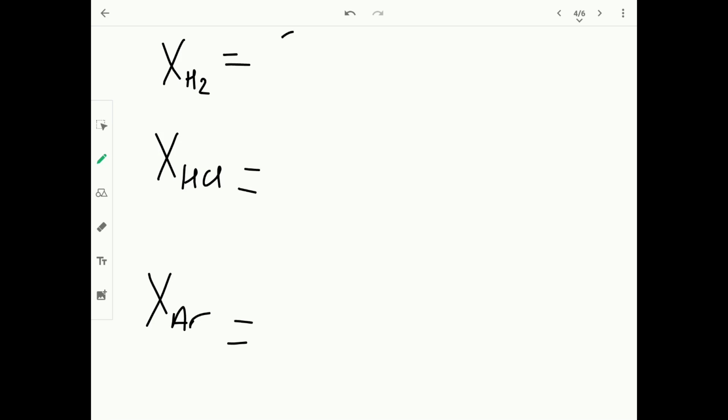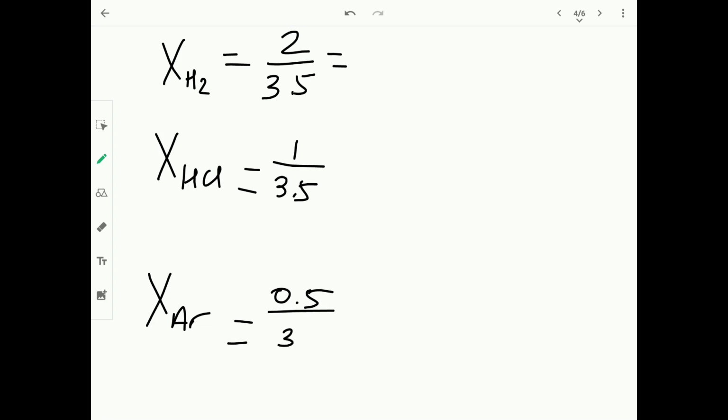Continuing on the next page, now we can easily find X of H2, X of HCl, and X of argon. Very easily: 2 over 3.5, as 3.5 is the total. This is 1 over 3.5, and this is 0.5 over 3.5. The number of moles of the gas over the total number of moles. You should get 0.571 for this.